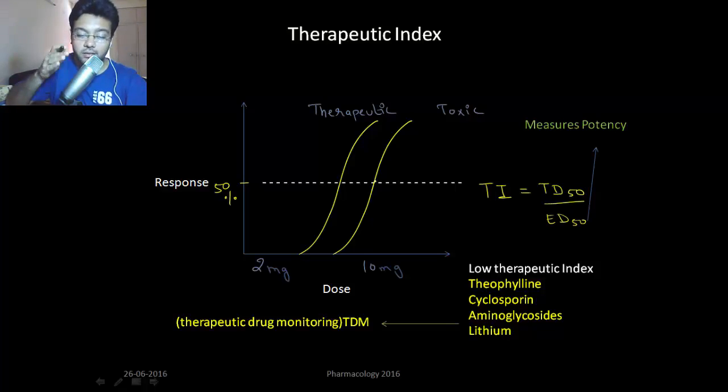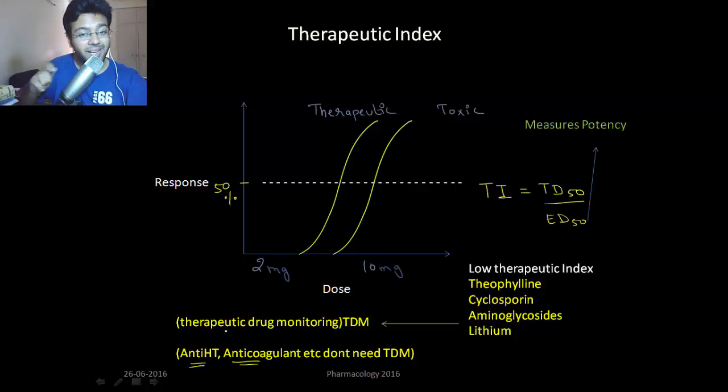In contrast, certain drugs like antihypertensives and anticoagulants don't need therapeutic monitoring. Why? Do they have a wide therapeutic index? No. The actual answer is that antihypertensives and anticoagulants can be easily measured by their external effects.